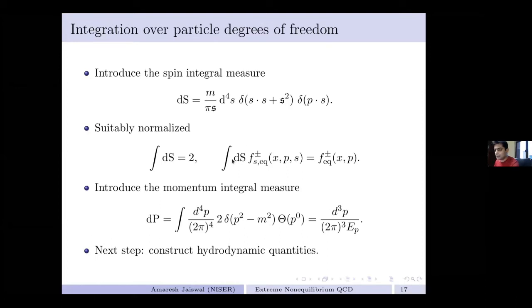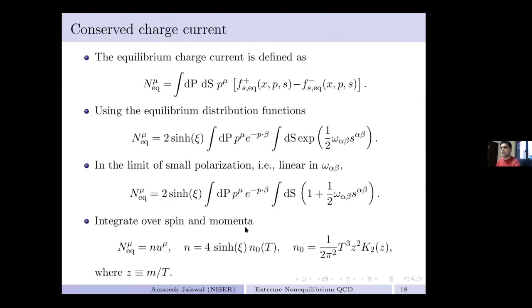That's what the integral over S does. We also introduce the momentum integral measure, which is the Lorentz invariant measure for the momentum integral, which is well known. This is d^3p by (2 pi)^3 E. Using these integral measures, the next step is to construct hydrodynamic quantities.